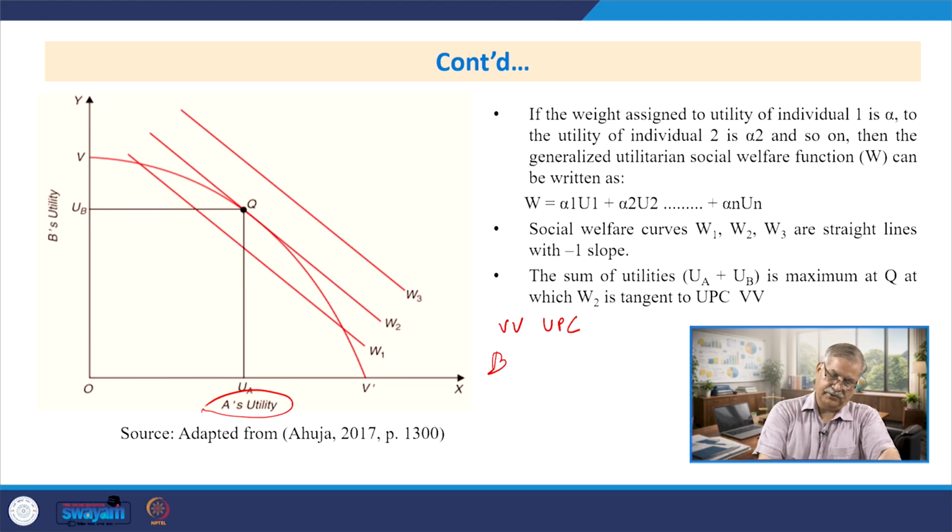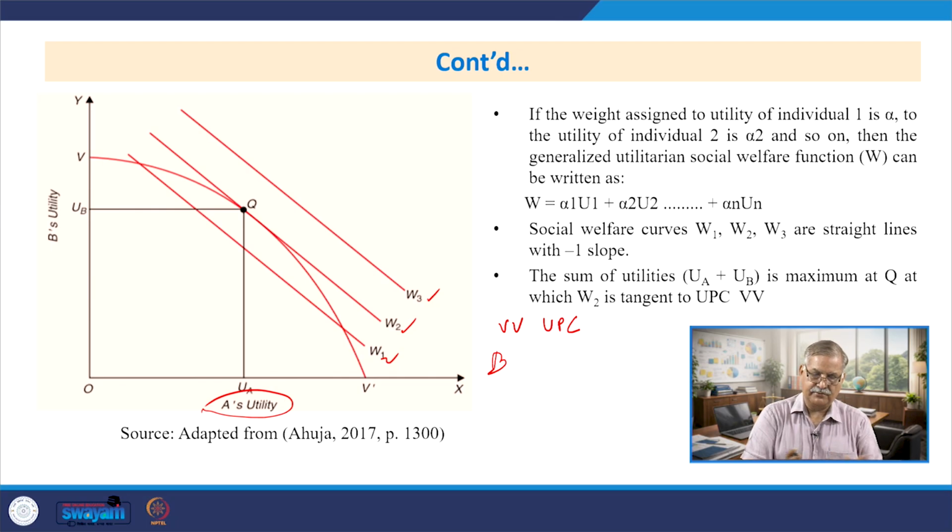So social welfare functions are given here, W1, W2, W3, and the social welfare function here will be the welfare of the society. Now, if the weight assigned to the utility of individual 1 is A1, then 2 is A2, and so on, then you can make a sum of utility, and then a generalized utilitarian social welfare function can be constructed.